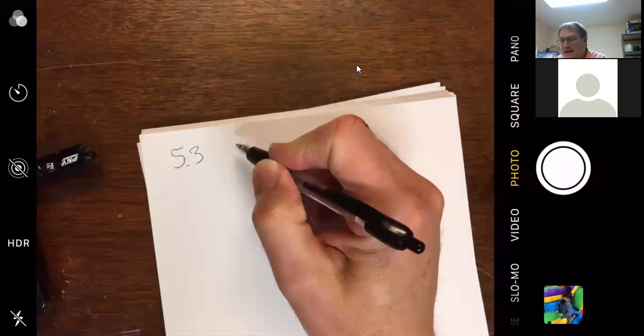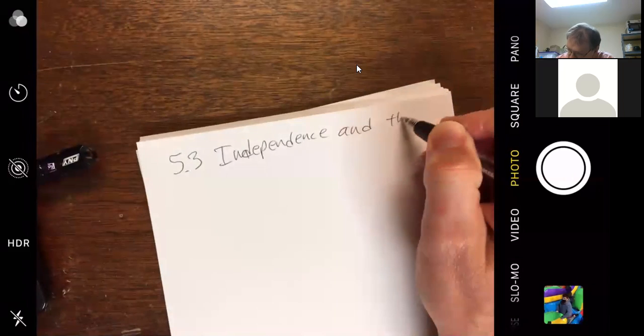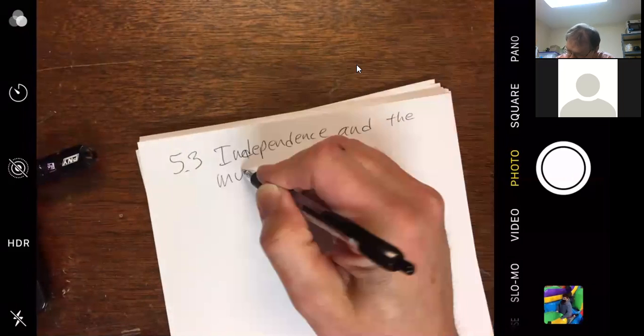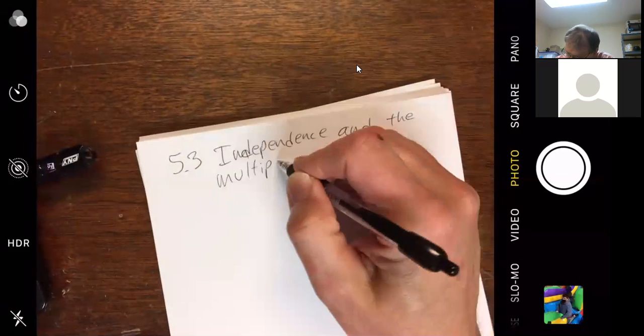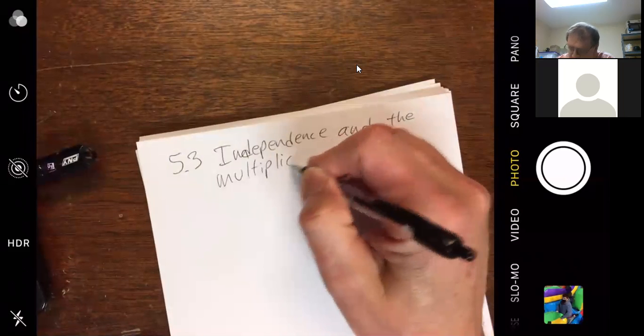But 5.3 will be a little simpler. 5.3 is called independence and the multiplication rule.